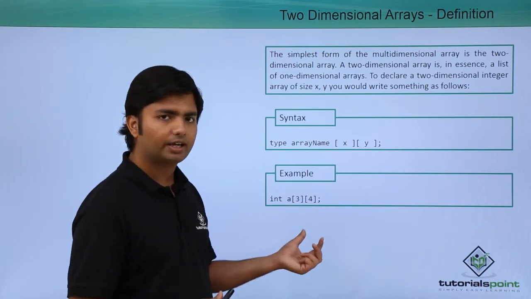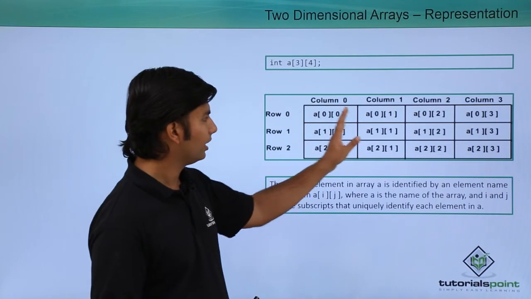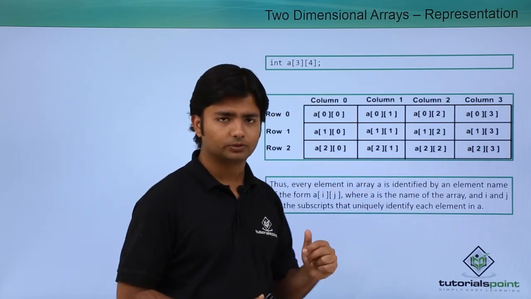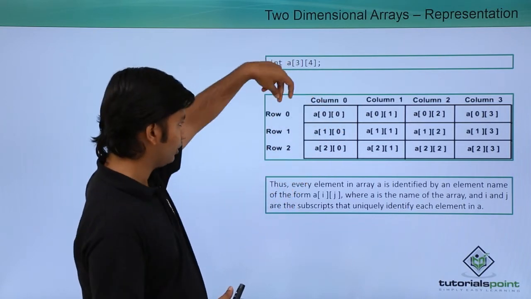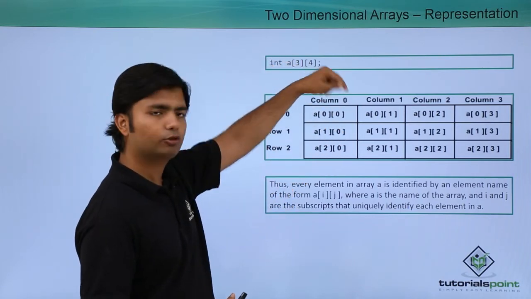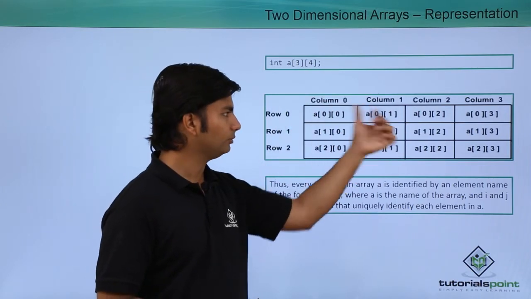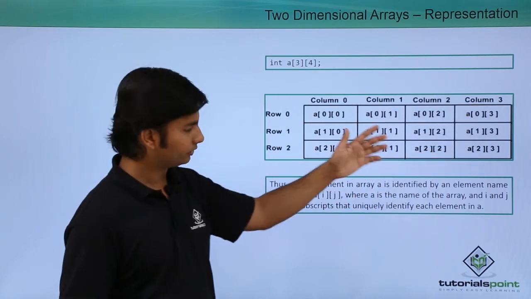Once you define it like that, as a pictorial representation you can refer to an array like this. As you can see, there are 3 rows and 4 columns. The first element will be 0 0, meaning index of row, then index of column. So both are 0. Now 0th row, first column, 0th row, second column, and 0th row, third column. That's the index.